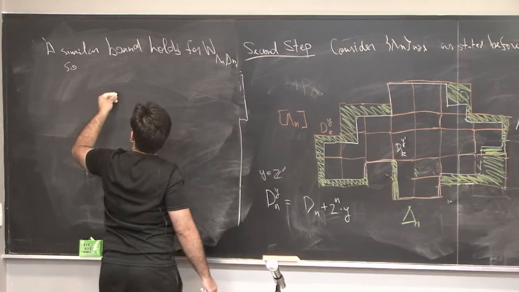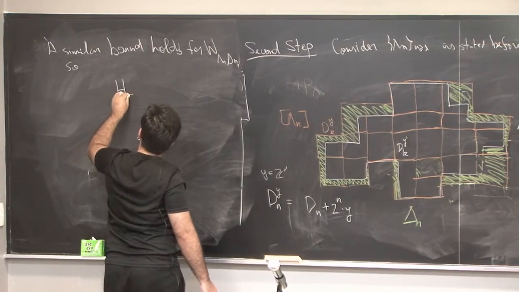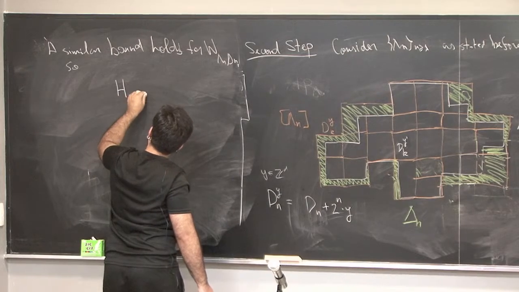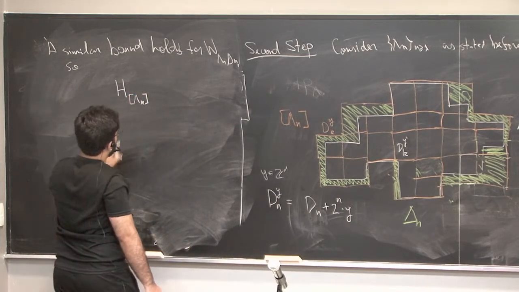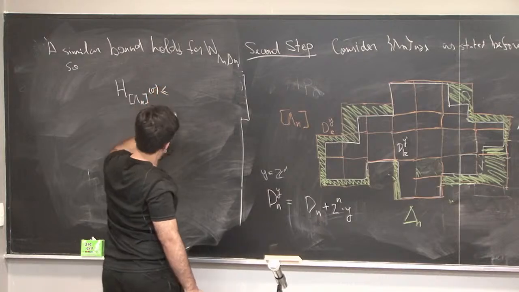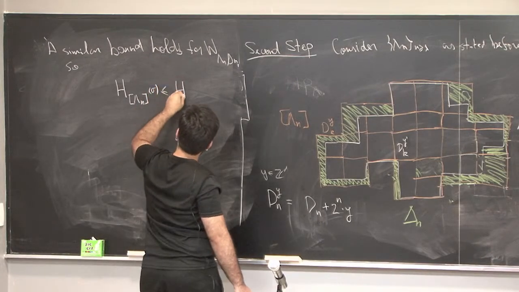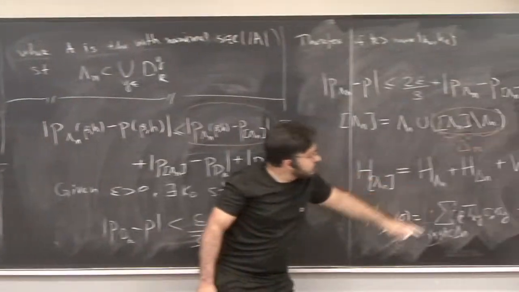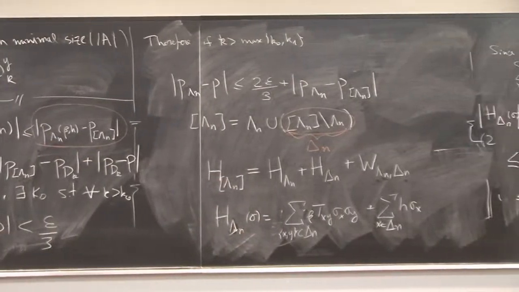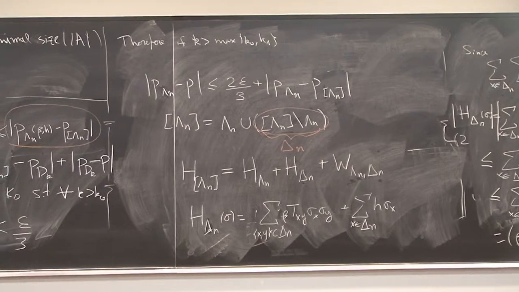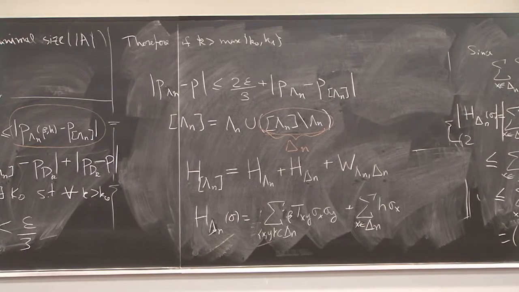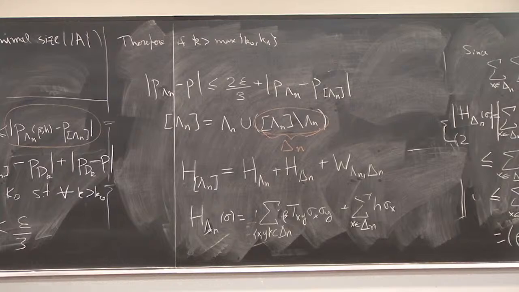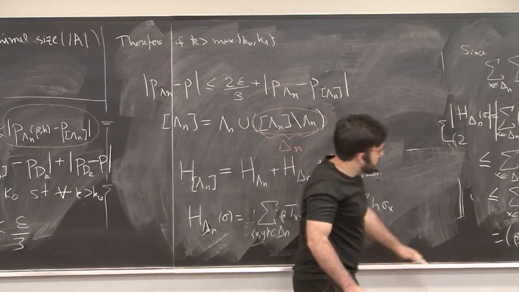So we have that the Hamiltonian inside the cover will be less than the Hamiltonian inside lambda n plus 2 times the constant that we just arrived at.